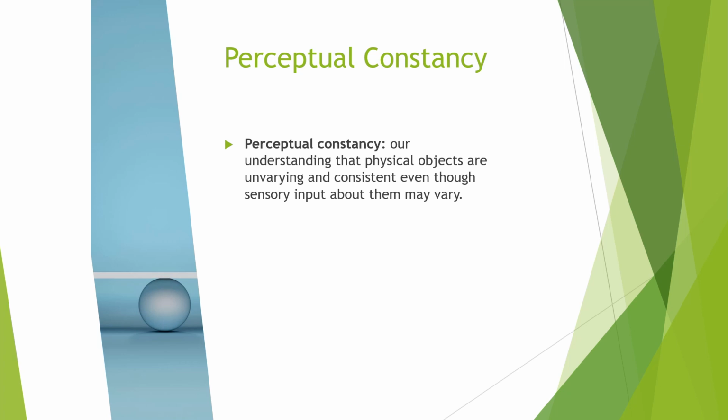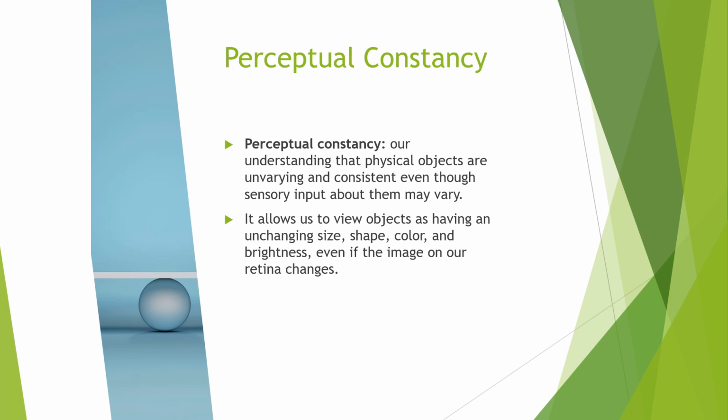What perceptual constancy does is allow you to view objects as having an unchanging size, shape, color, and brightness, even if the image on our retina changes. Just like we talked about previously with the information on our retina changing, the same thing happens here with perceptual constancy.